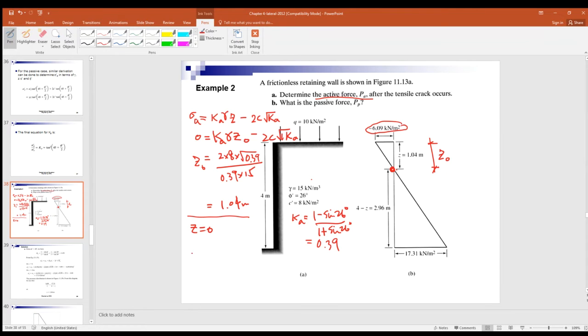When you put Z equal to 0, sigma at Z equal to 0: Ka gamma Z equals 0, so it is 0 minus 2c, c is 8, right? And square root Ka. So it should be a negative value, equal to minus 6.09 kPa.